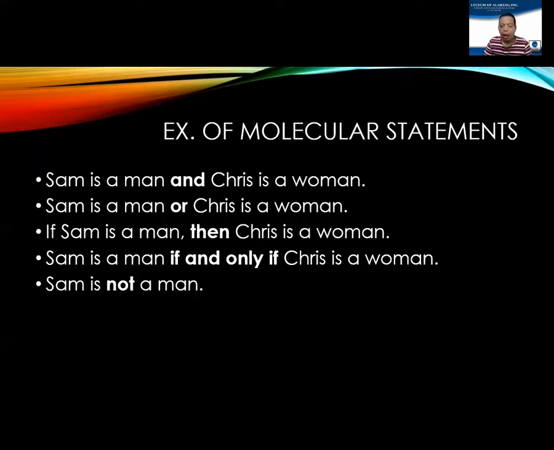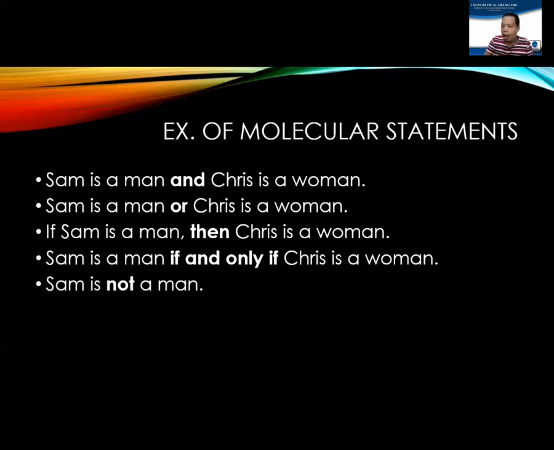So we have here examples of molecular statements. Considering P as Sam is a man and Q as Chris is a woman, the first molecular statement example is Sam is a man and Chris is a woman.